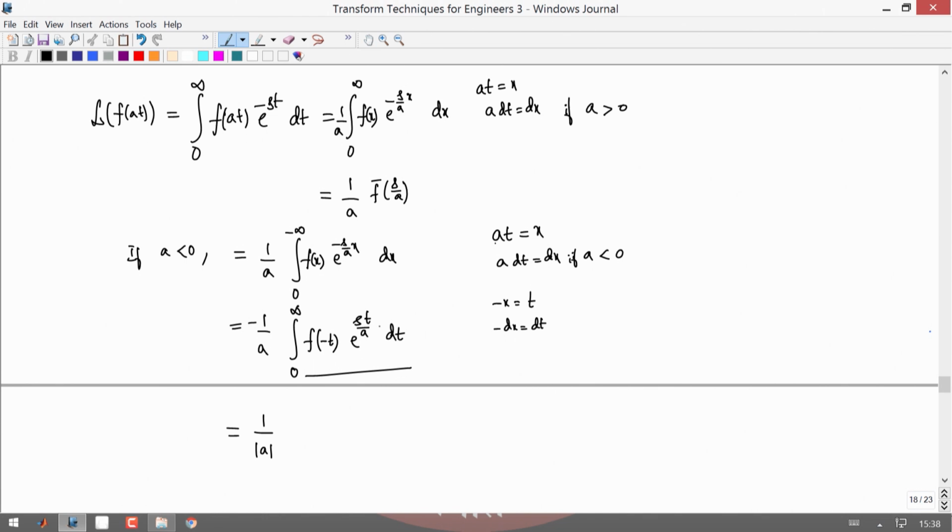And then a dx is a dt is dx, a is negative, dt is dx by a.